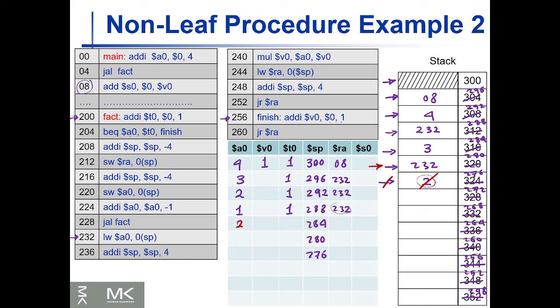So SB becomes now 280. Then we multiply V0 and A0, so multiply A0 and V0. V0 is 1 and A0 is 2, so basically V0 will become 2.